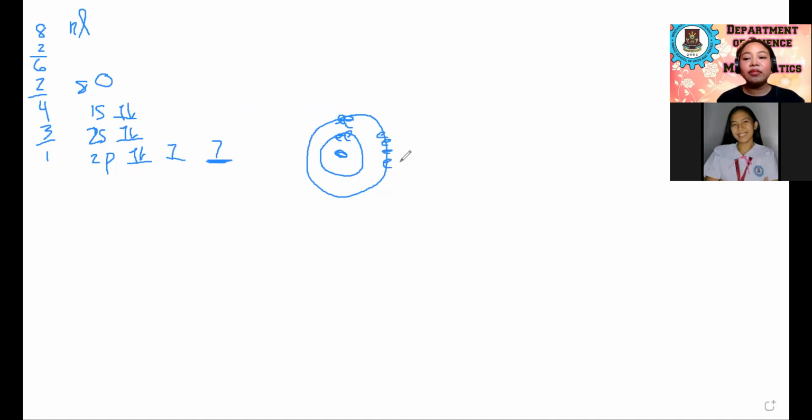Now, kanang valence shell, mao na siya ang pangalan nga gihatag to designate the outermost orbit. Gitawag siya valence shell.